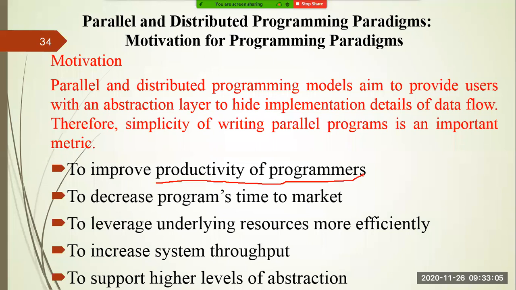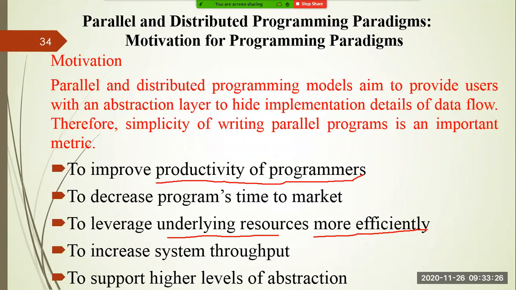Third is to leverage underlying resources more efficiently. Suppose you have 100 resources. Earlier, these resources were not properly used. If you write a parallel program, then you can easily use them. Next is to increase the system throughput.